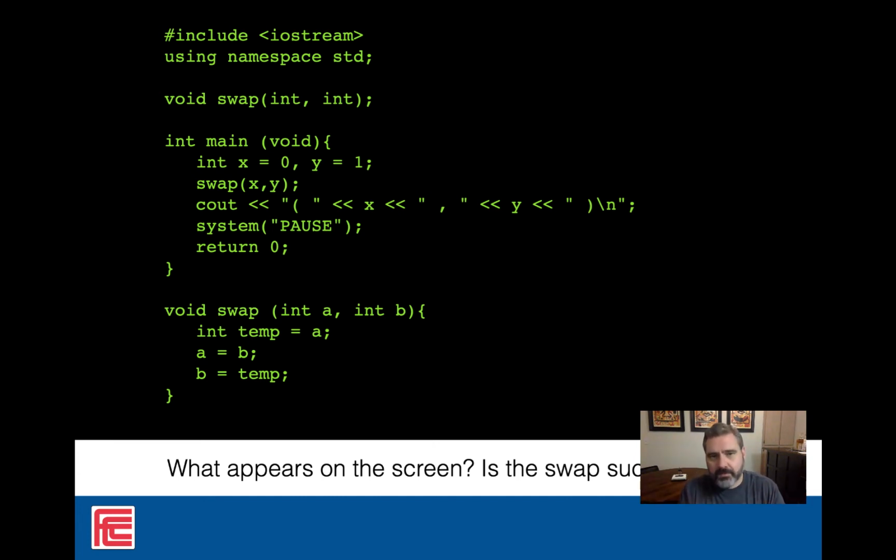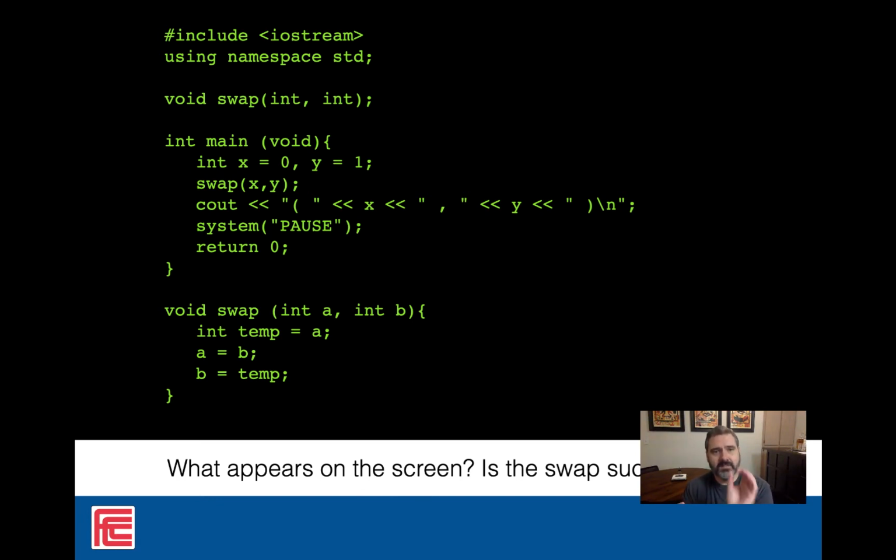The problem with this function is, what am I actually sending? You see in main, I've got 0 and 1 for x and y. And then I call swap xy. But what I'm actually doing is evaluating those two variables. I'm not sending you the variable x, right? I'm sending you 0.